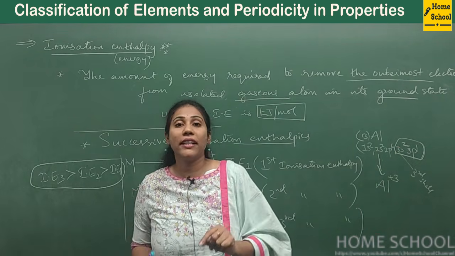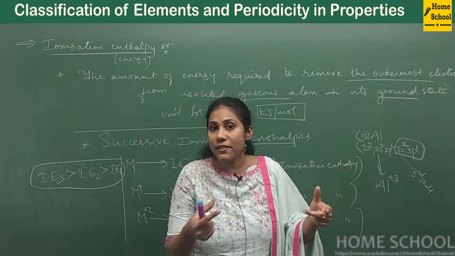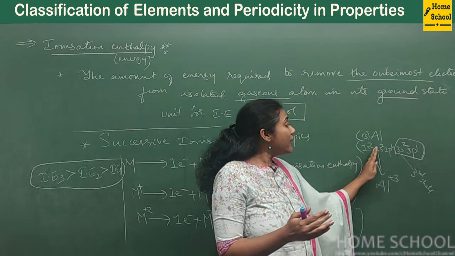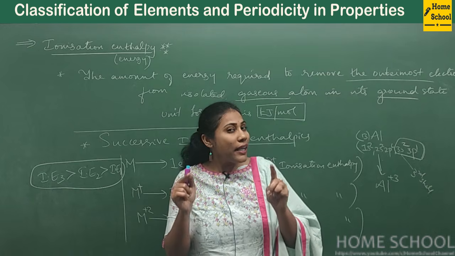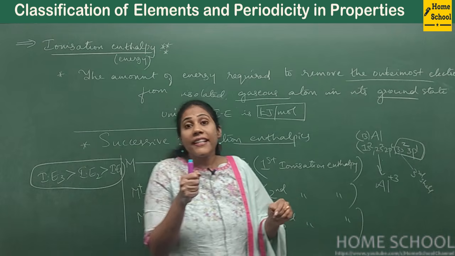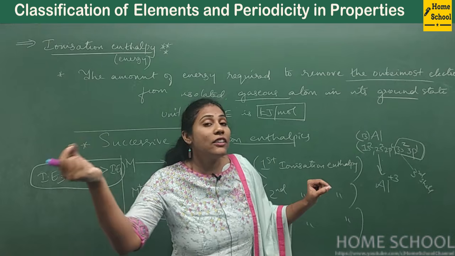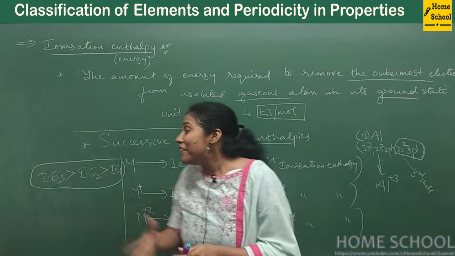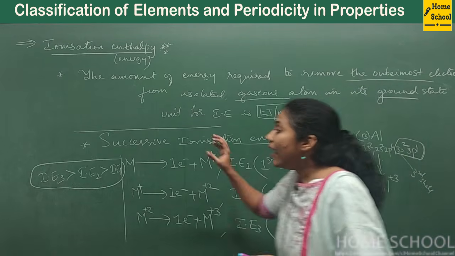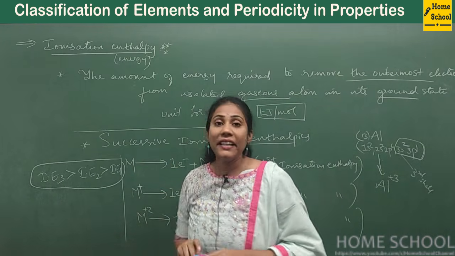You need to supply more energy because the inner electrons are nearer to the nucleus. They experience more attraction from the nucleus, so you can't remove that electron easily, and to remove it, very high energy needs to be supplied from outside. That is why IE3 is always greater than IE2, and IE2 is greater than IE1.